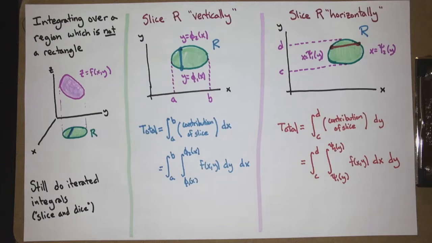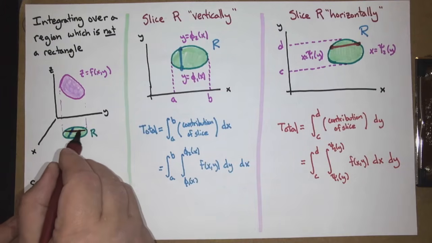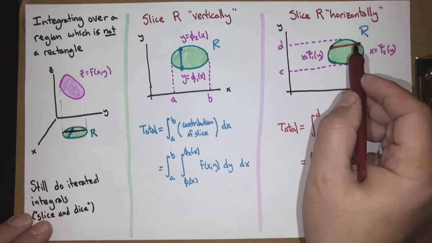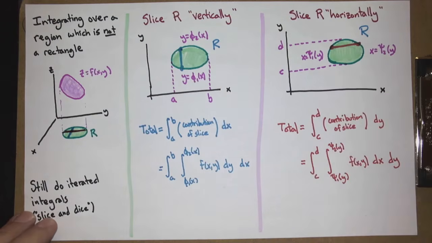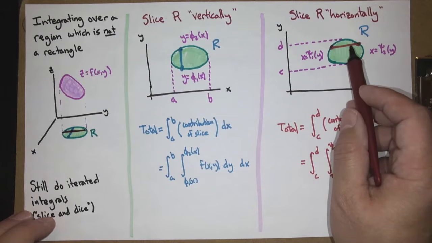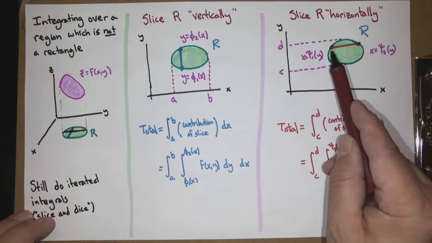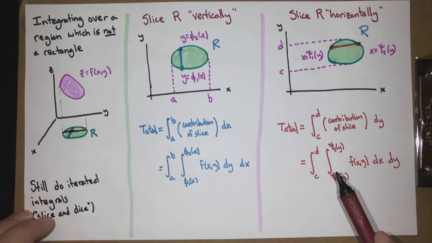Now, that's one option. There's a second option, which is we can slice in a different way. So we can slice this way. And that's what's being shown here. So we're slicing our region horizontally. So now the y value is going from some minimal point C to some maximal point D. And now what's happening in each individual slice? Well, there's a contribution being made. What's that contribution?